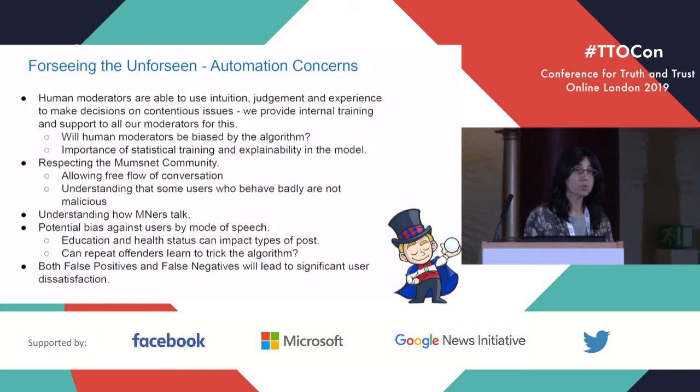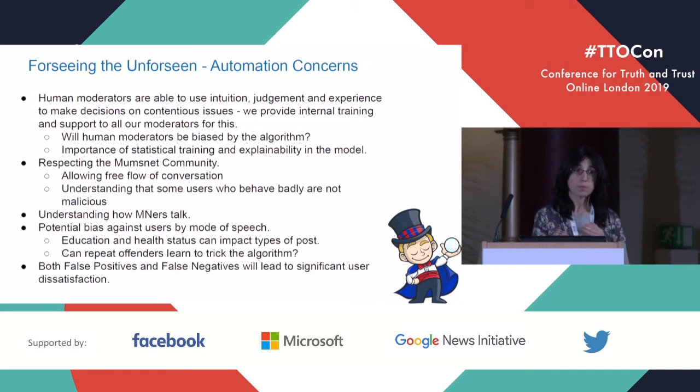It's also very important that we avoid any potential biases against users by mode of speech. People speak in different ways based on their level of education, based on their background, and even based on their health status. And that language can sometimes come across as more extreme, even though what they're saying is not necessarily extreme. So it's important not to bias against those people.